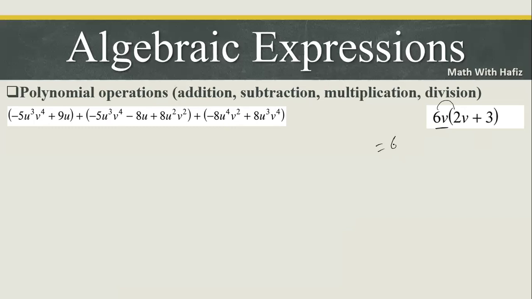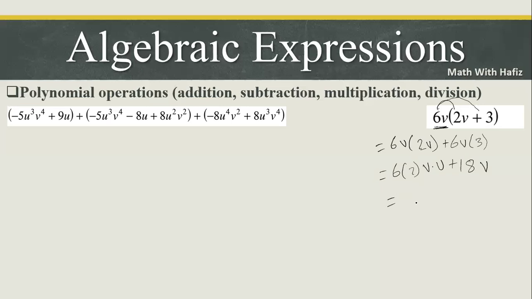So we'll have 6v. By using distributive property, you distribute this 6v term which is outside to each term inside. Then plus 6v multiplied by 3: 6 multiplied by 2 and v multiplied by v, plus 6 multiplied by 3 is 18, I believe.